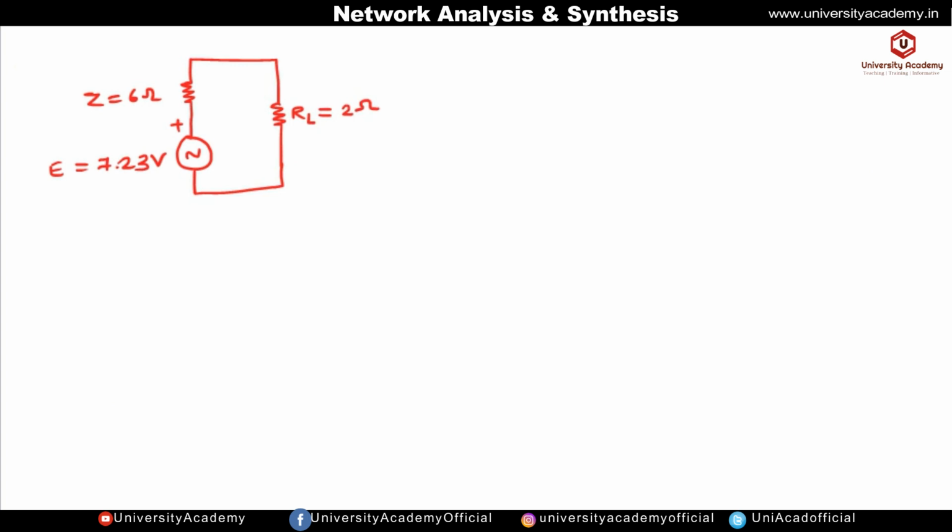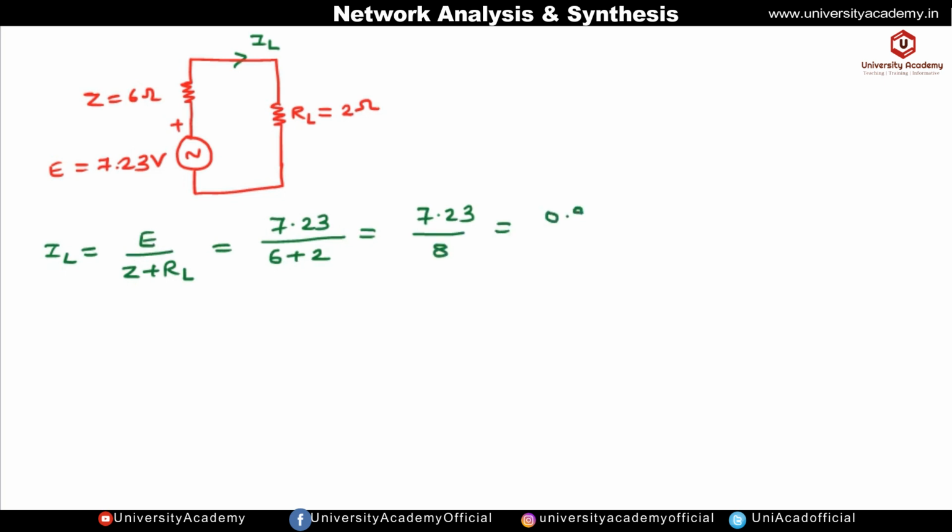Now we have to find out this load current IL. So this IL is given by E by Z plus RL. E value is 7.23 divided by 6 plus 2, so it will be equal to 7.23 by 8, which will give 0.9 ampere.